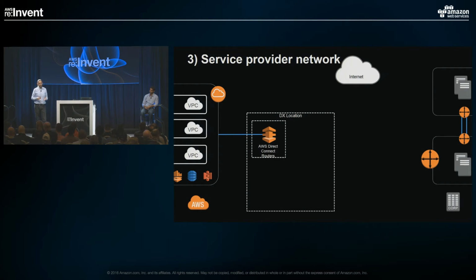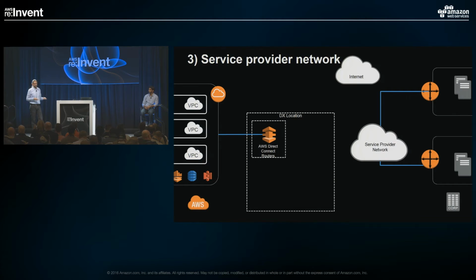The third option is relevant for customers that may already be engaging with a large network provider to connect different locations that they have around the world. And sometimes this is achieved by MPLS, and sometimes with different technologies. If you are connected through such a service provider operated network that links multiple of your locations, you may be able to add a Direct Connect location into that same MPLS network.